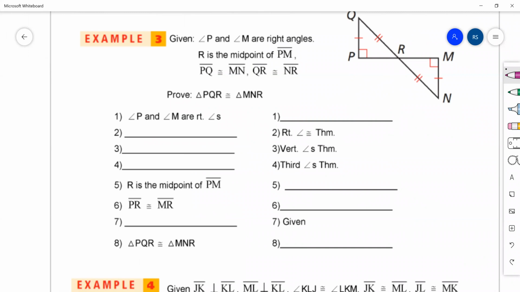Okay, so these are going to be more fill in the blank type. So that way you don't have to write them all out. If you were in pre-AP, you would have to come up with this yourself. But we're not pre-AP. So I'm going to give y'all fill in the blank and give you hints on how to do these proofs.